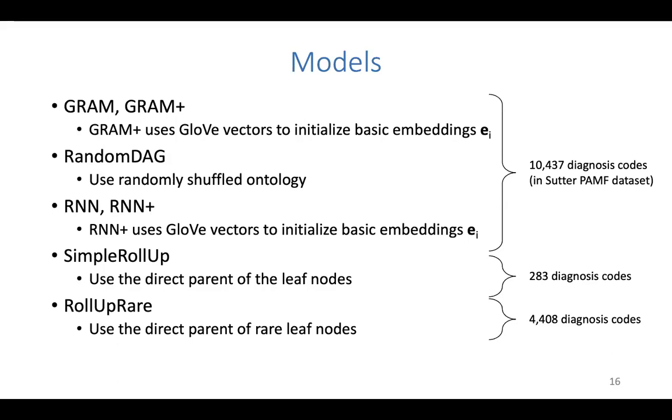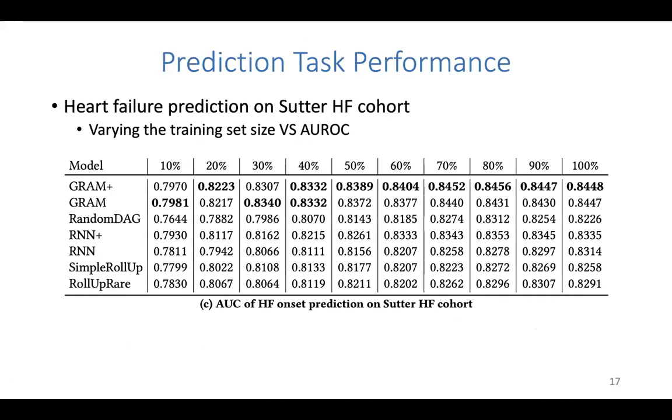So the feature space of these three groups is 10,000, and the feature space of these two groups is rather smaller. Simple rolling of everything into your parent gives you 283 diagnosis codes. Rolling up rare leaf nodes to direct parents gives you about 4,400 diagnosis codes.